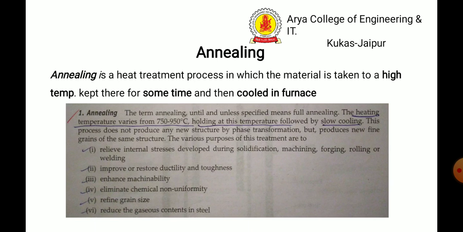We only use the natural air for cooling, and by this we can refine the grain size, improve the structure, relieve the internal stresses as well as some faults, increase machining properties, improve the ductility, and reduce the gases contained in steel. So it is the first process of heat treatment.